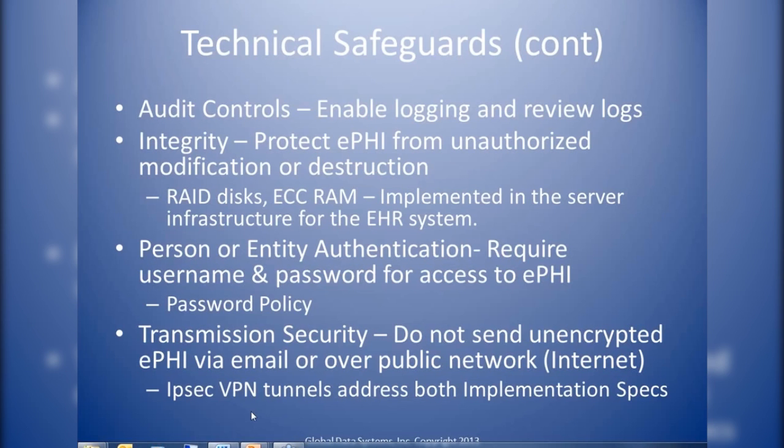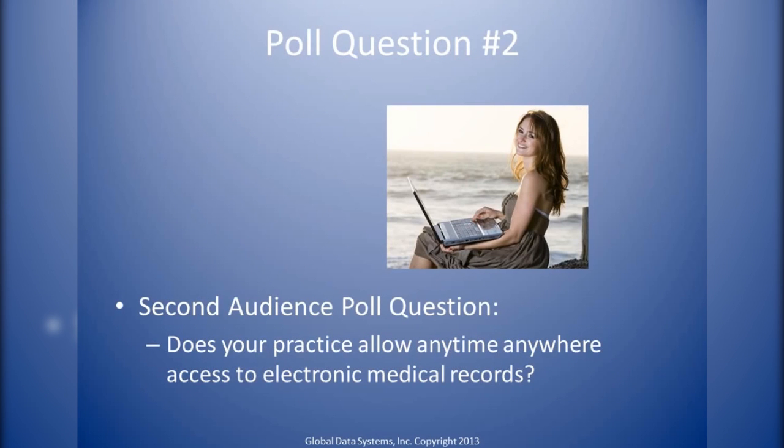They're things like disks that are configured in a RAID array, which basically means that the information is spread across multiple physical hard disks in such a way that if one of the disks failed, and if you know anything about computers, you know that disks do fail, the information will continue to be accessible and trustable because of the way that the RAID system copies the data across the multiple disks.